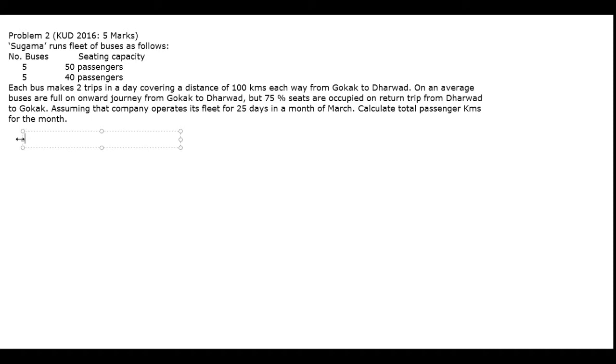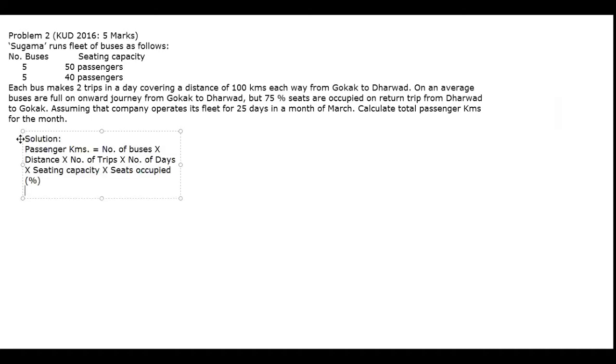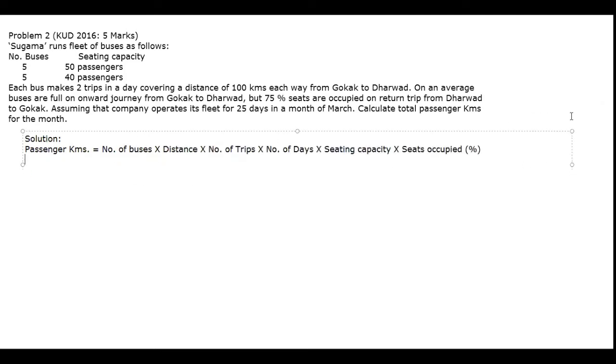Let us see what is the formula. Let's go for solving the solution now. So this is the formula as usual. The same formula is applied everywhere. Passenger kilometer is number of buses into distance into number of trips into number of days into seating capacity into seats occupied percentage. First, let's calculate for the 50 passengers bus.